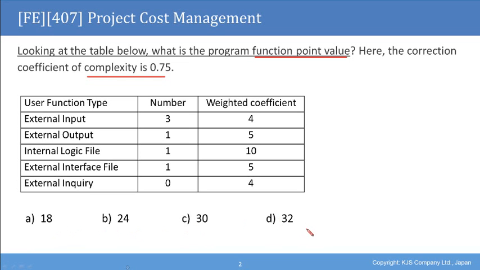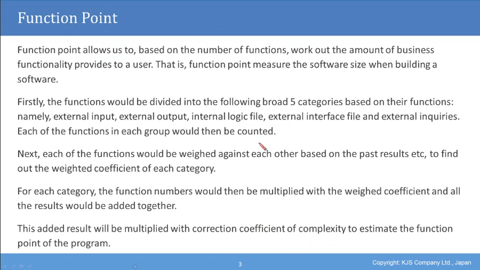So now let us define what a function point value is. Function points allow us, based on a number of functions, to work out the amount of business functionality provided to a user. That is, function points measure the software size when building software. So we're talking about the software size and the business functionality to the user.